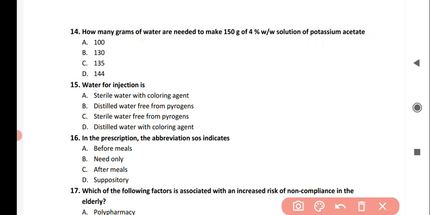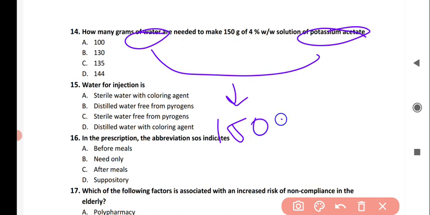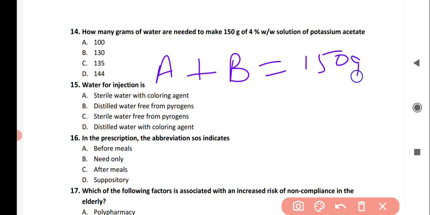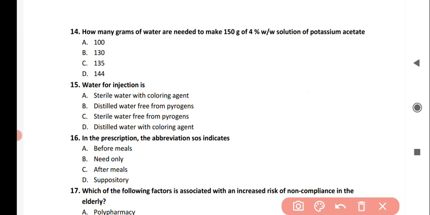So simply, we are making a solution, so we are using two things: one is water, the other is potassium acetate, and in total we are making 150 grams. So simply we can consider water as A plus potassium acetate as B, equal to the total grams. B is given as 4% in the form of percentage. So from the total value, potassium acetate used is 4%.